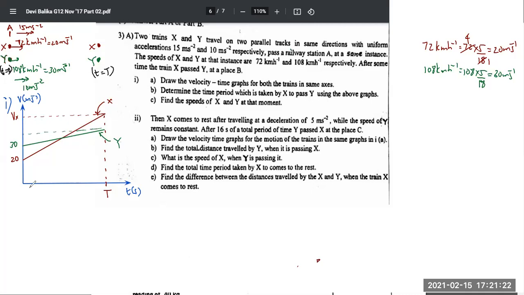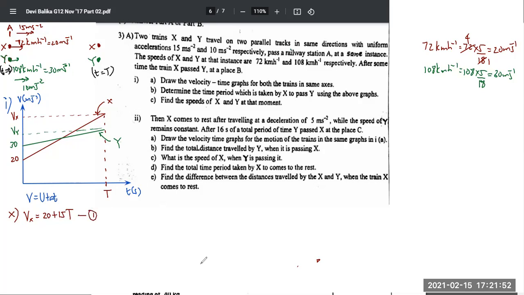So what's the plan, guys? Shall we first of all find an equation for Vx and Vy? Now we know the main equation you can use for both the trains is V equals U plus AT. Final velocity is equal to initial velocity plus acceleration into time.